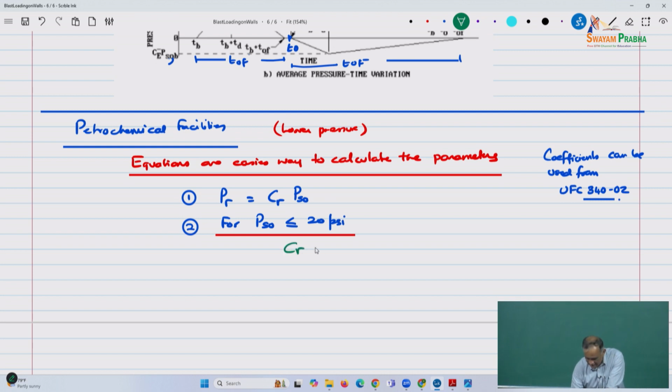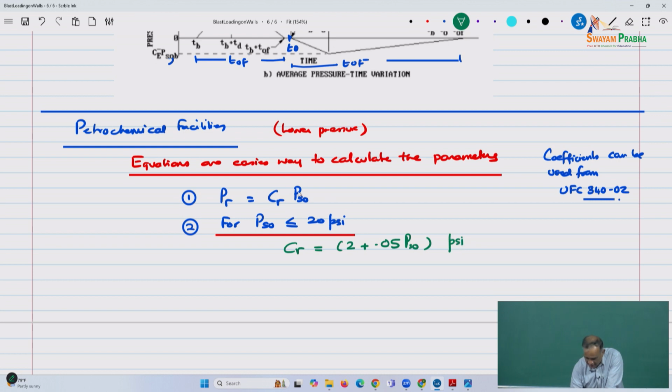So CR is given as 2 plus 0.05 PSO, and this is in psi.